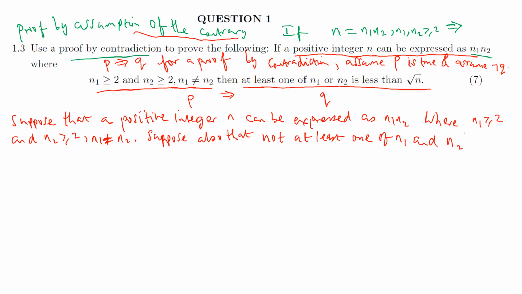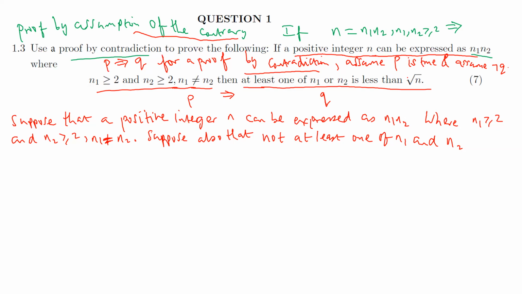If you look at the fact that they're saying at least, you can look at it halfway. At least n1 is less than the square root of n. The negation of that would be not at least one of n1 and n2.